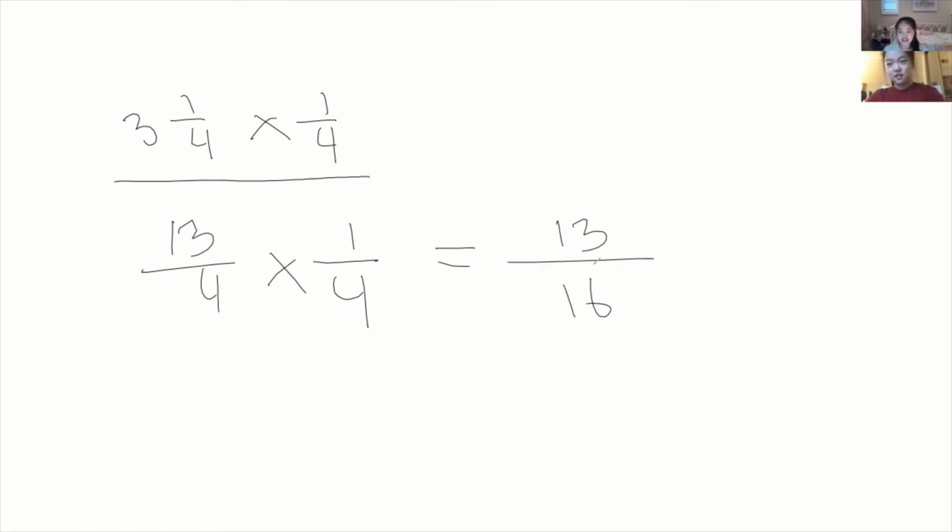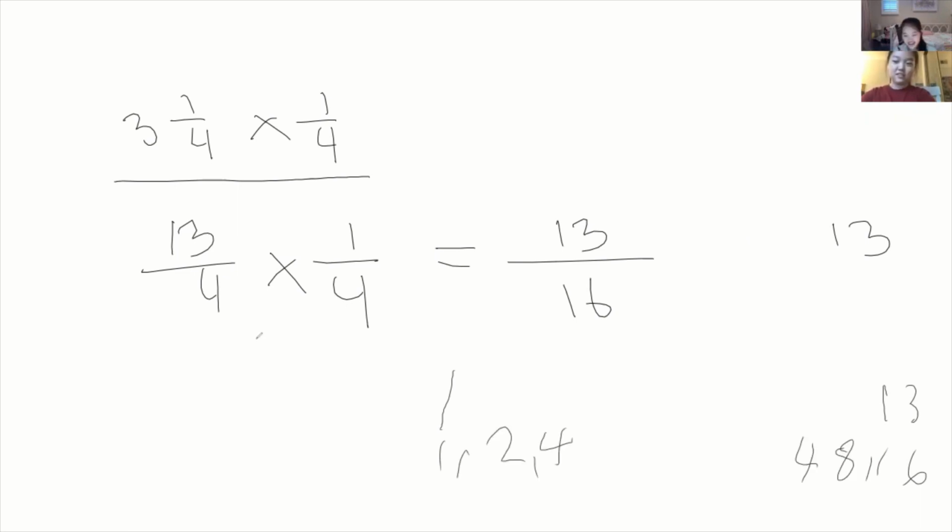16, yeah. All right, so is 13 a factor of 16? No, it's not. For 13, let's list out the factors just in case they have a greatest common factor. For 13, there's only 1 and 13. For 16, there's, oh, actually, you got it. Never mind. Can you list out the factors? 1, 2, and 8.